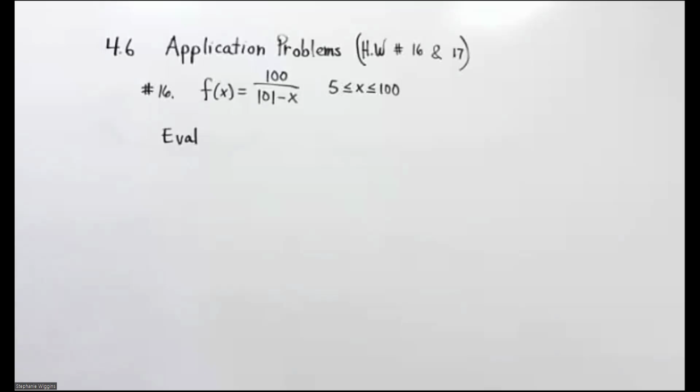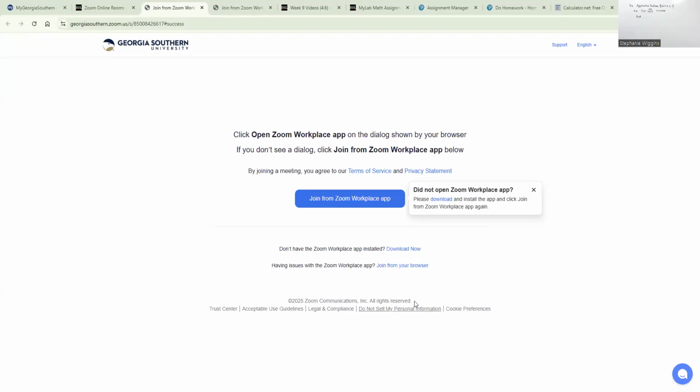Application problems. This is working out number 16 in your homework, and then I'm going to follow it up with 17. I'm going to share the screen so we can take a look at the wording of the problem.